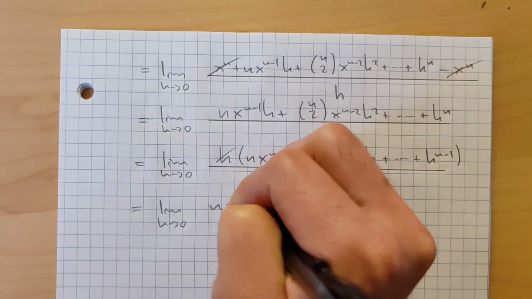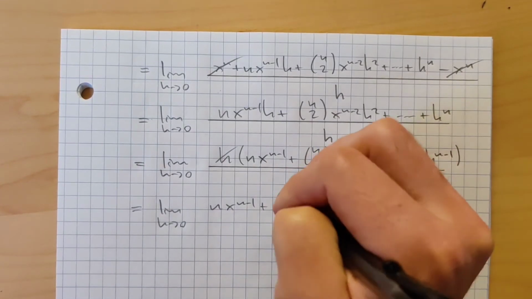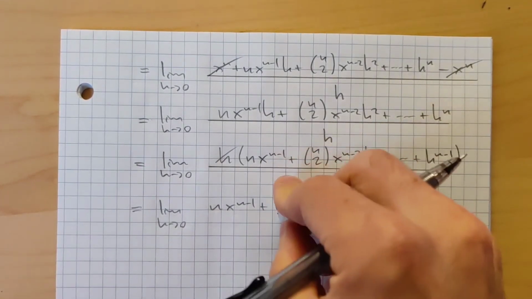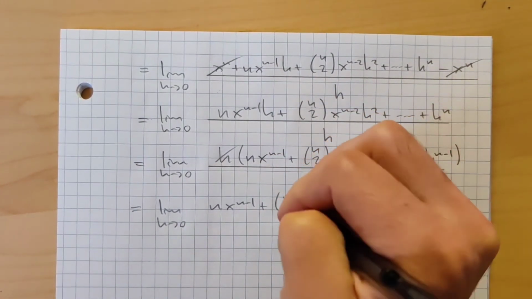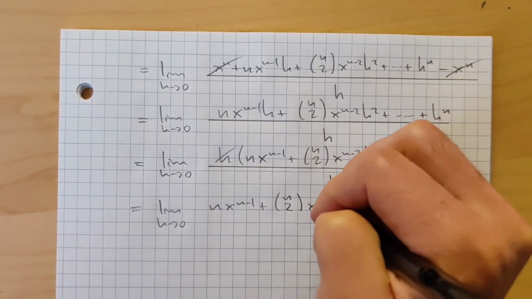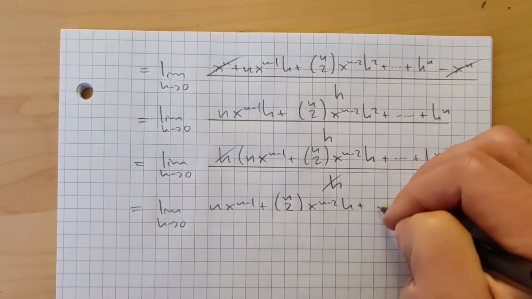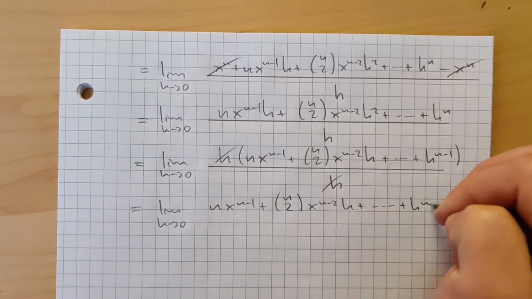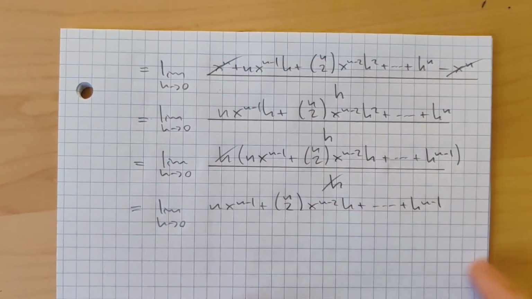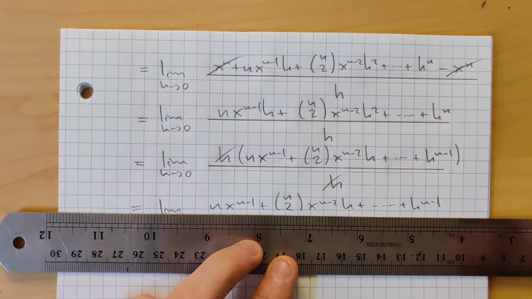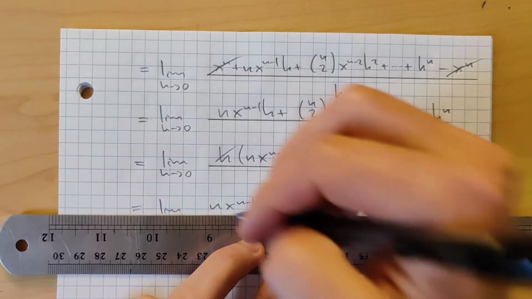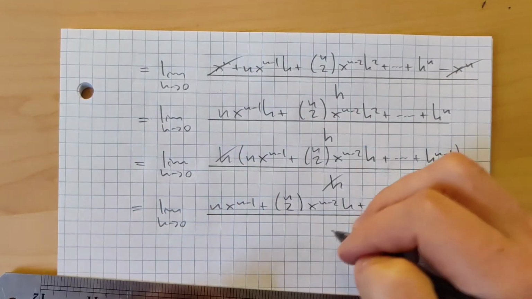And what are we left with? All this stuff without the h. Oh, sorry. Whoops. That is definitely not an h. That should be an n, choose 2, x^(n-2) h, plus blah, blah, blah, all the way up to h^(n-1). Oh, and this h canceled out, so I just have 1 now in the denominator. Great.